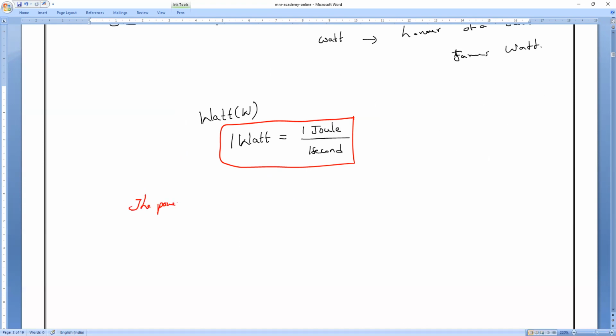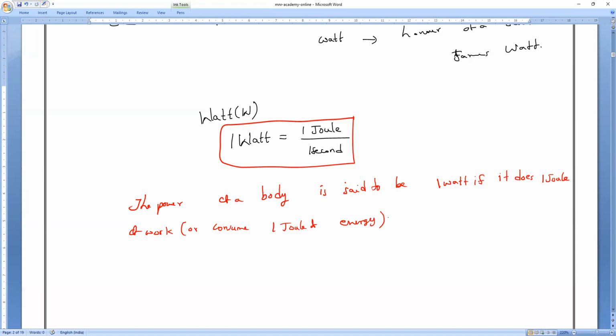The power of a body is said to be 1 watt if it does 1 joule of work or consumes 1 joule of energy.